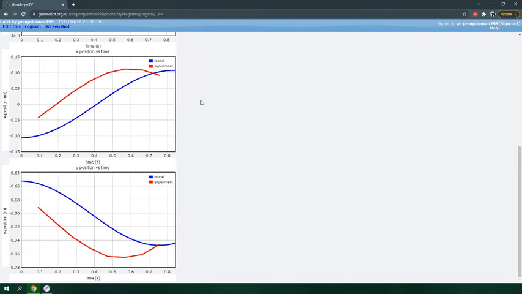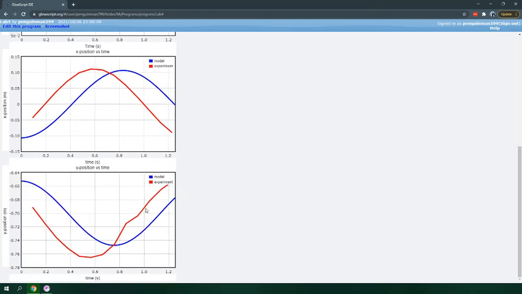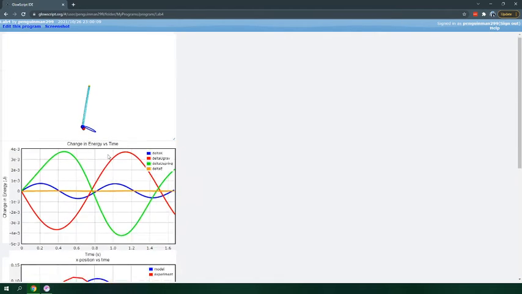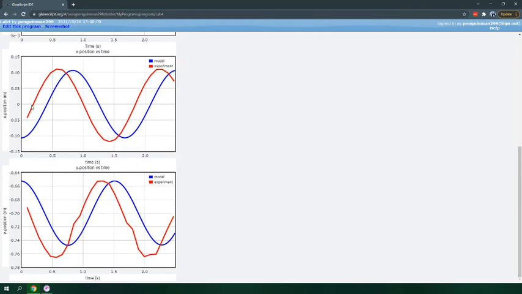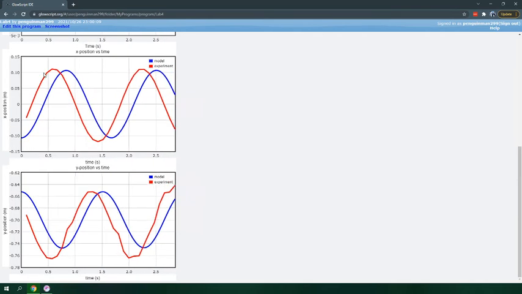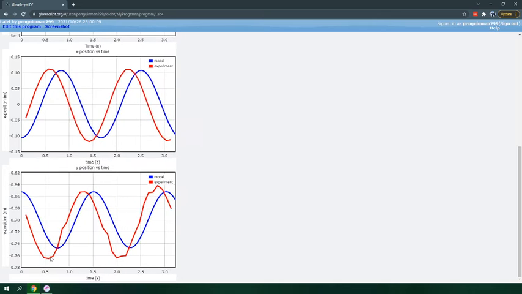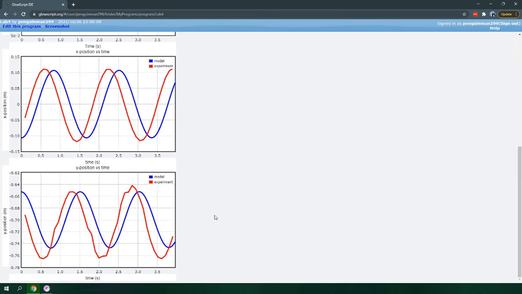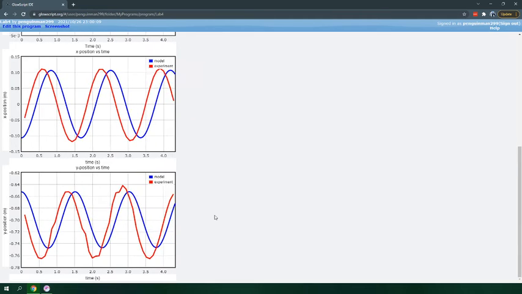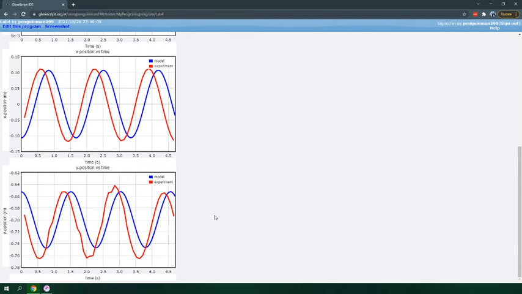And so as you'll see, it's matching up, but the experiment data from the tracker video is a bit behind the model data, and this is most likely due to some error in the code.